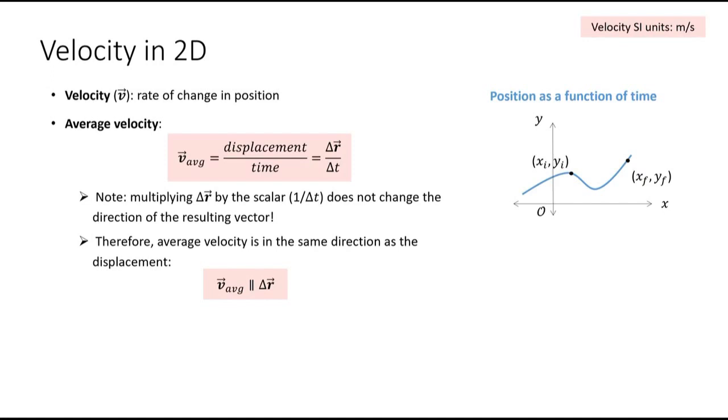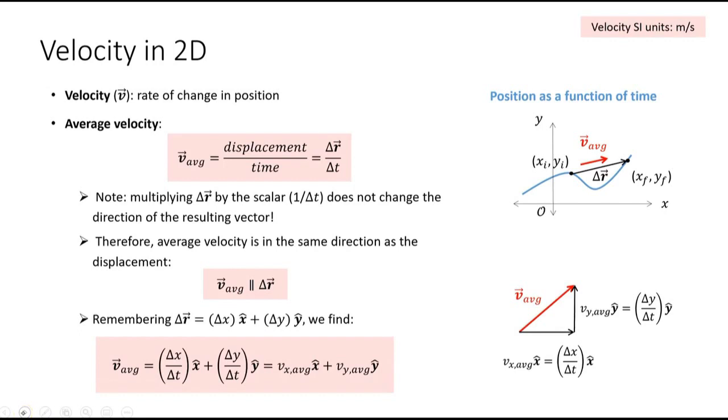Now we know displacement is going to point from the initial position to the final position. So we could draw in our displacement vector here, delta r, and it's just going to point from that initial position to the final. Then, because we know that our average velocity has to be in the same direction as that displacement, we can immediately see that the average velocity between those 2 time points is going to be parallel to that delta r vector. So we can intuit what direction the average velocity is going to be between those 2 times.